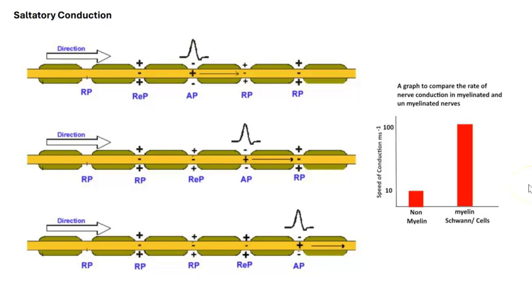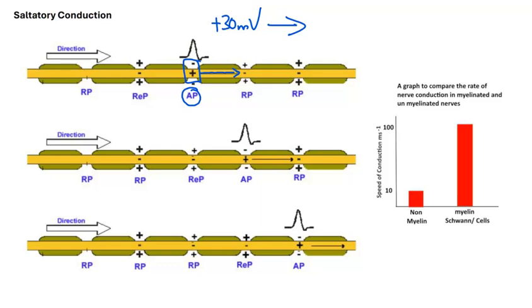With the action potential at this location here, the charge difference across the cell membrane, the membrane potential at this location, is of course plus 30 millivolts. And we know that that is going to diffuse forward along the axon of the nerve cell.